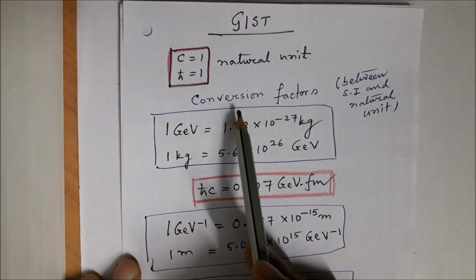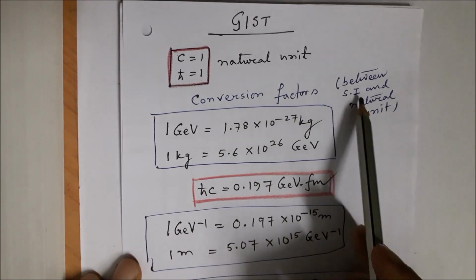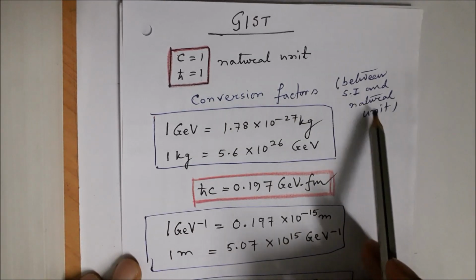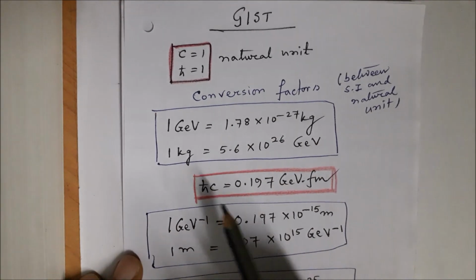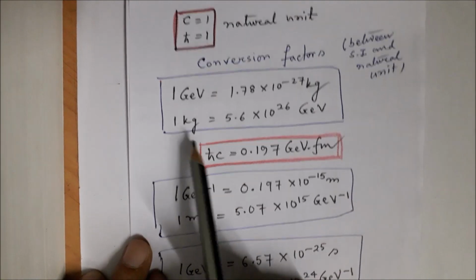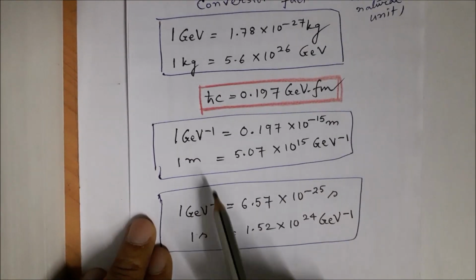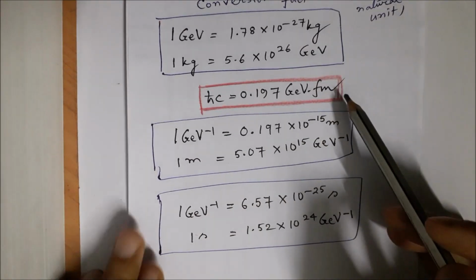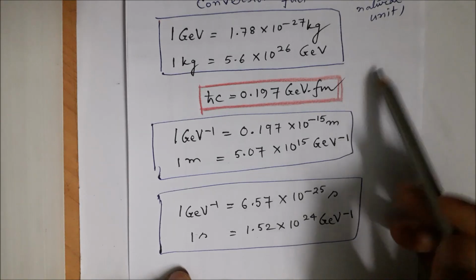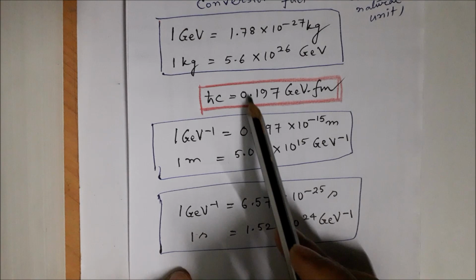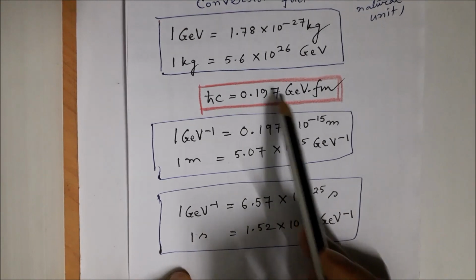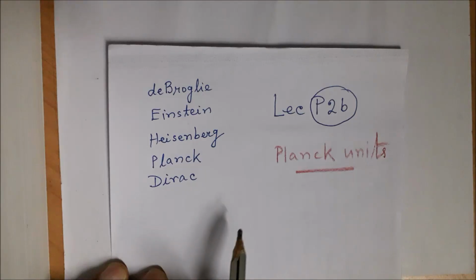The conversion factors between SI system and the natural units have been done in detail, have been proved, and they are written over here. And one should also memorize this relation, which is extremely important: h cross c equal to 0.197 or 0.198 GeV Fermi.